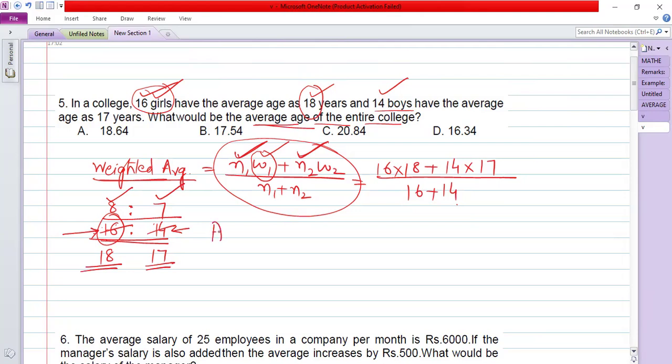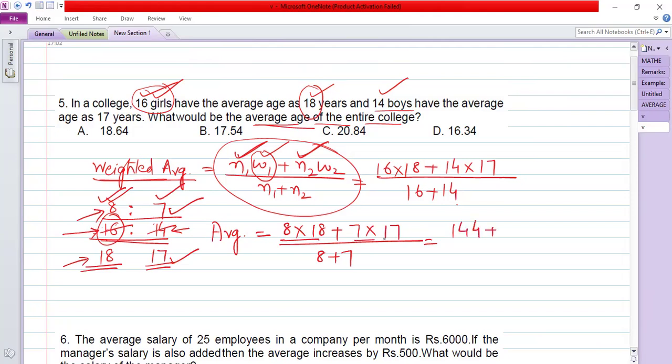Now the required average will be nothing but 8 multiplied by 18, plus 7 multiplied by 17, and divide by obviously 8 plus 7. So 8 into 18 gives us 144. 7 into 17 is 119, and here it is 15.